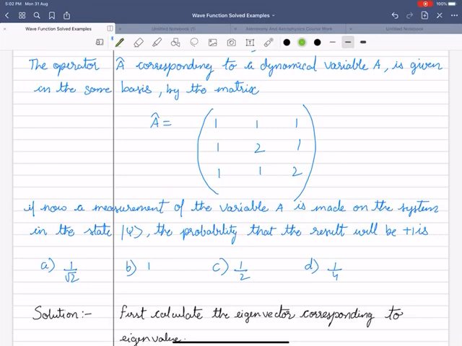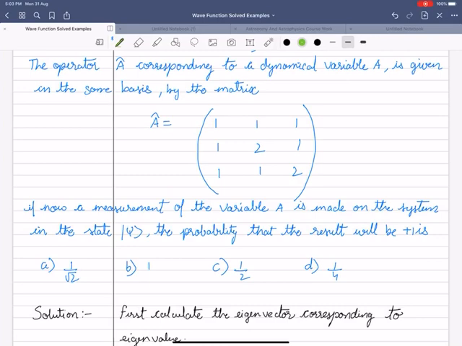Probability is found by mod of c1 square, mod of c2 square, mod of c3 square. This comes when you calculate the corresponding eigenvector to plus 1. Once you calculate it, there is another step that I will discuss in a few minutes. Then you can easily find the probability of plus 1.